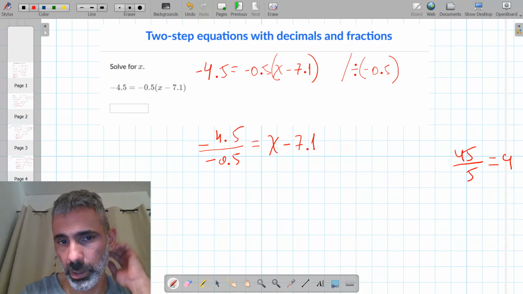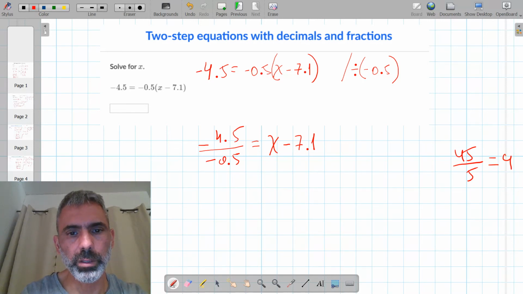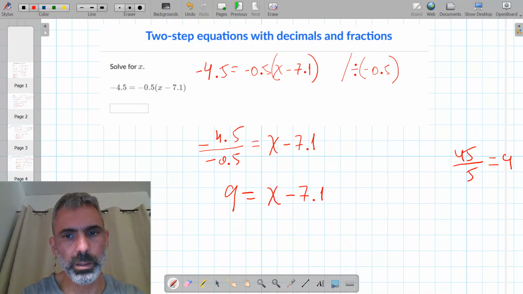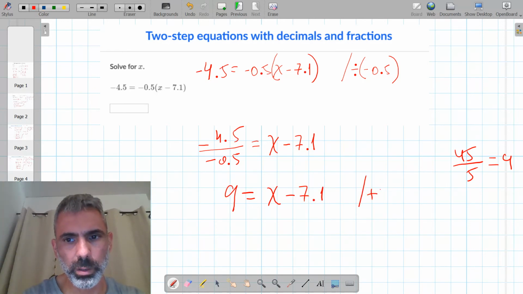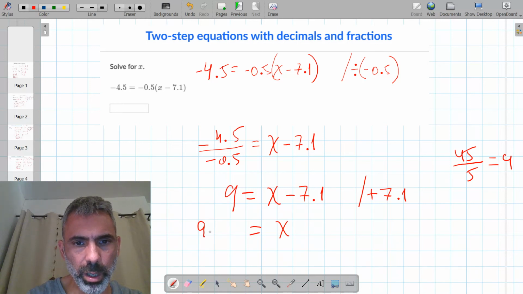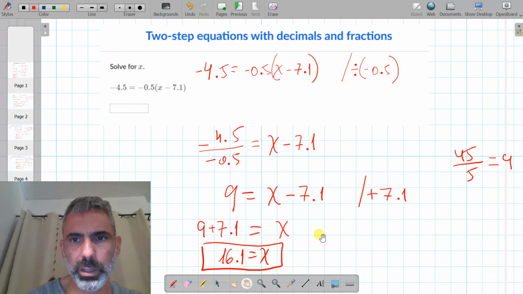So 9, and negative divided by negative is positive, so on the left hand side I have 9, and on the right hand side x minus 7.1, and now I need to add 7.1 to both sides of the equation to get rid of this minus 7.1 on the right hand side. So on the right hand side I'm left with x, and on the left hand side of the equation I have 9 plus 7.1, which is 16.1 equals x.